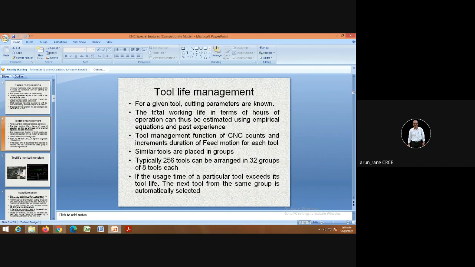So everything is given. All the details are given in this tool life management system.